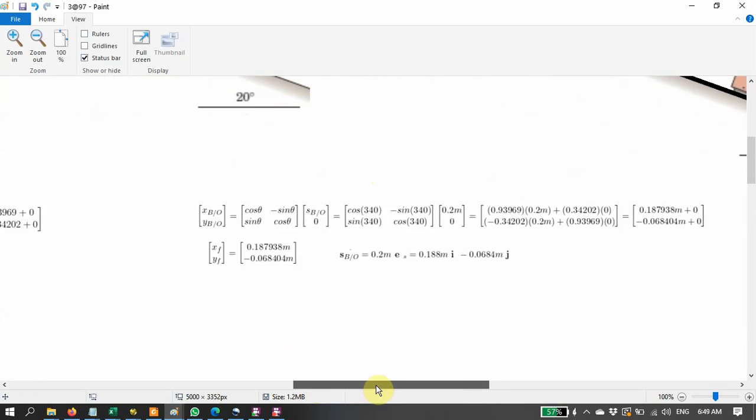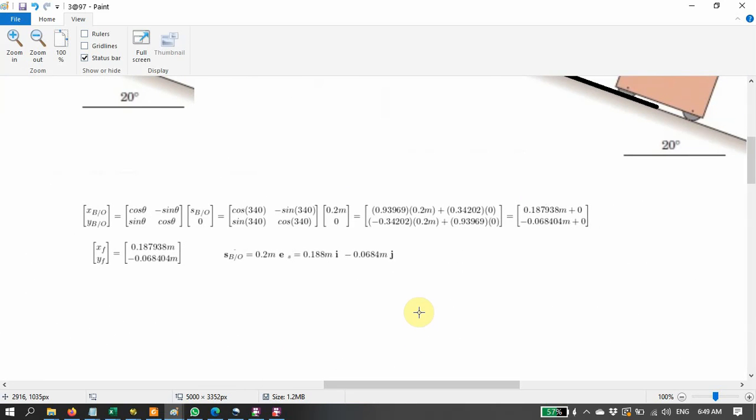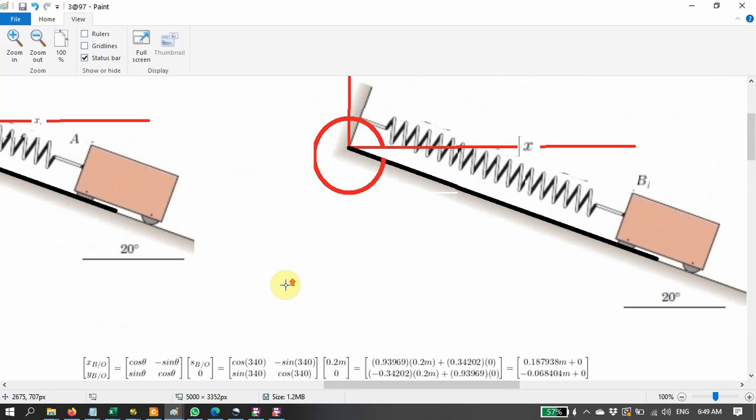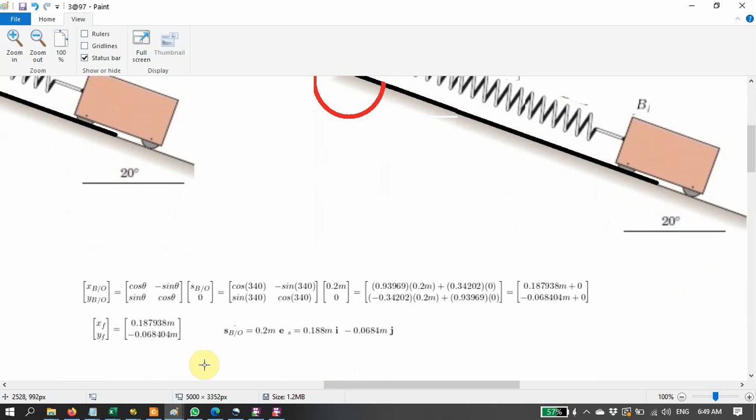Next, we look at the second situation, when we want to know the final position with respect to point O, the undeformed position, where we get the absolute force from the spring. The angle that the x-axis made with the chute angle remains the same, 340, and the position vector in the final kinematic state for the body is 0.2 meters.